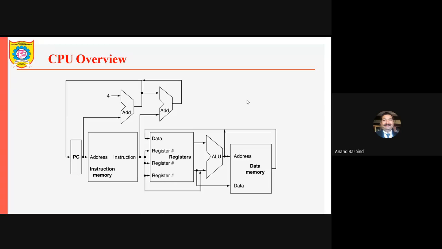So MIPS consists of instruction memory and data memory. They are different. Instruction memory is used to store the instructions, that is your program, whereas data memory is used to store the data. There is a register bank, so called registers here.